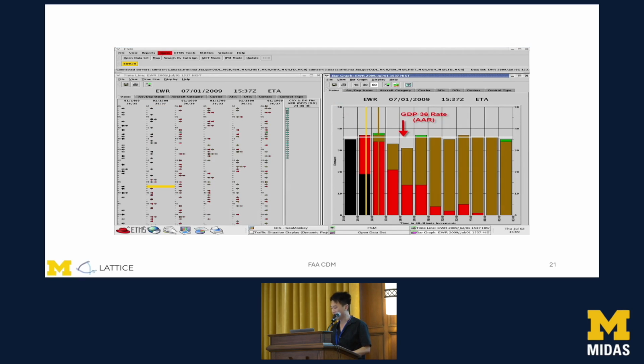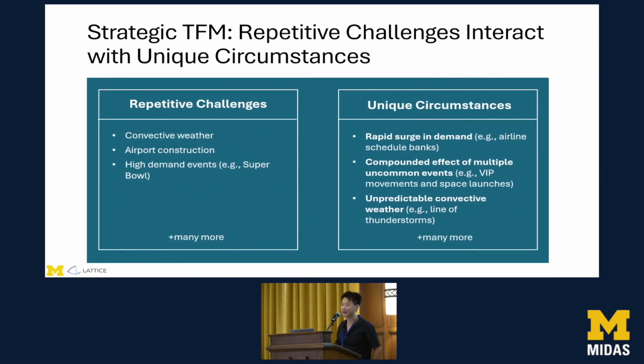Talking with the stakeholders and trying to understand how we can help them with large language models, we've boiled their work process down to two parts. When they are evaluating demand supply imbalances within the airspace, they think about what's repetitive and what's unique about this circumstance.